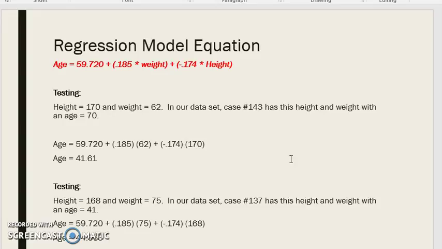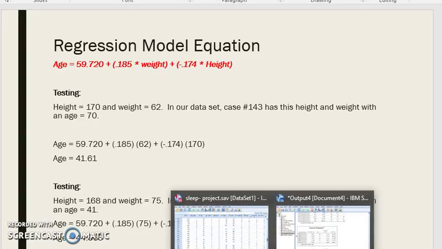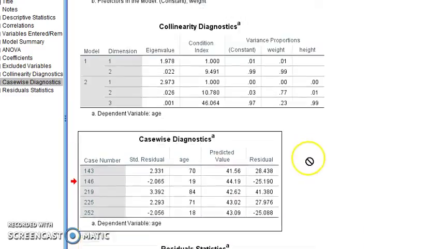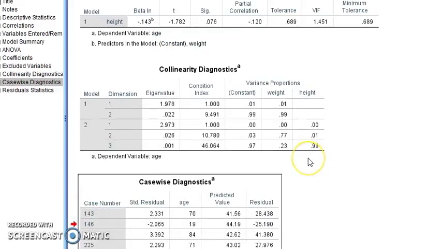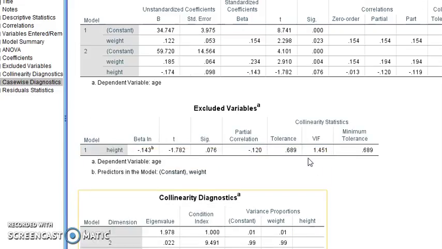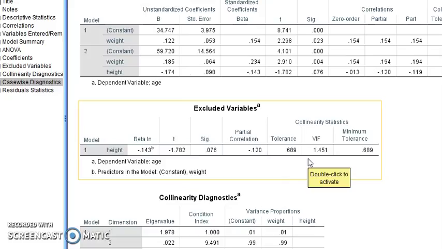And so unfortunately, going back here to our diagnostics and our SPSS output, we can see that using height and weight to predict age is not going to produce us very accurate results.